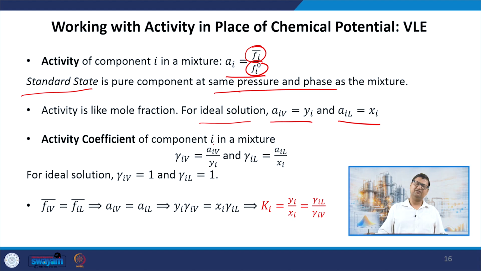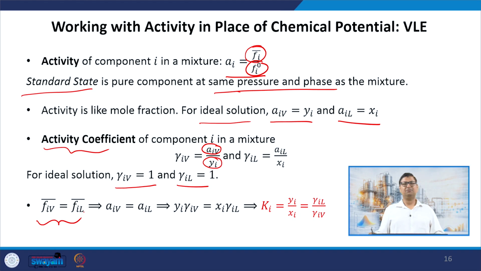Now, just like we have defined the partial fugacity coefficient, we can now define something known as the activity coefficient, that is the ratio of the activity to the mole fraction. Again, for the ideal solution, the activity coefficient will become 1. And now, I can write the equality of the partial fugacities as the equality of the corresponding activities by this relation, and that basically gives me a relation in terms of the activity coefficients.